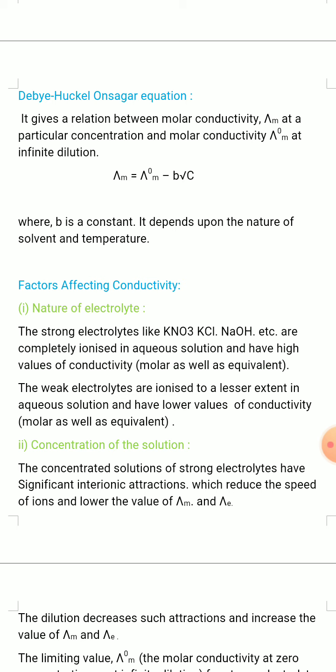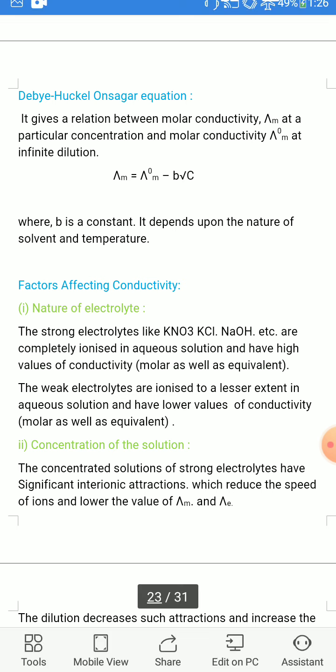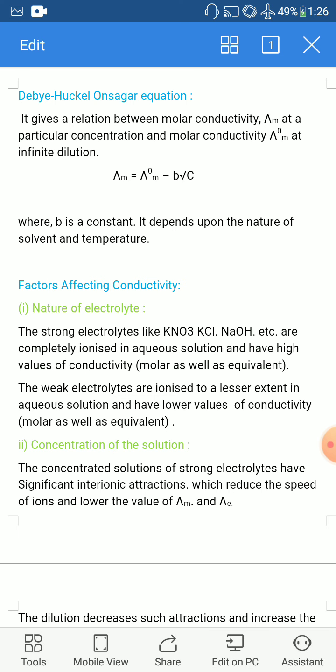From this equation, it is clear that for a strong electrolyte, the conductivity at infinite dilution is always higher than the conductivity at any particular concentration. The relation between lambda m and lambda m 0 is lambda m equals lambda m 0 minus b root c, where b is a constant, and this constant depends upon the nature of solvent and temperature.